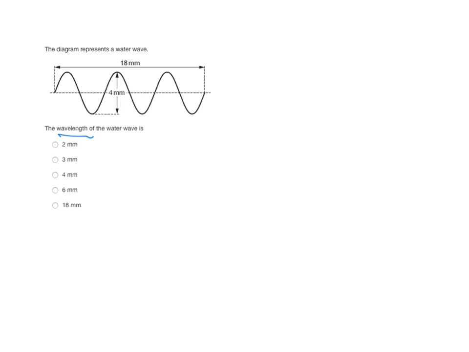So 3 wavelengths equals 18 millimeters. The wavelength is 18 divided by 3, which is 6 millimeters. So D, if we listed them that way.